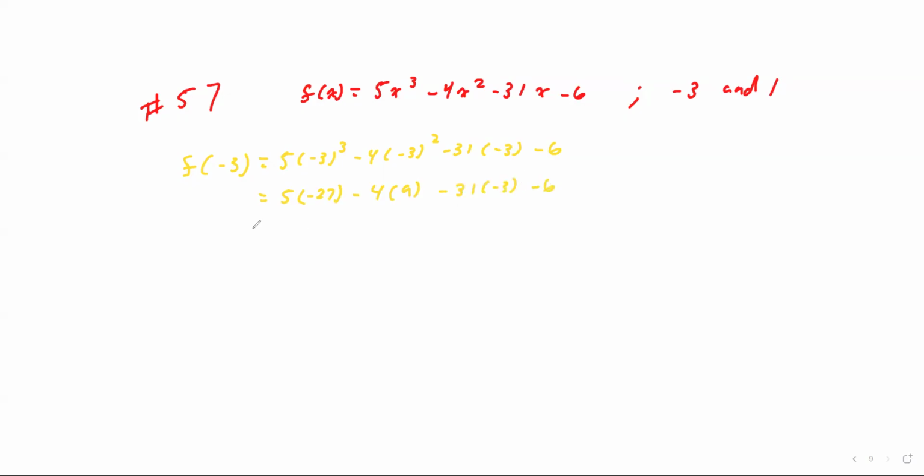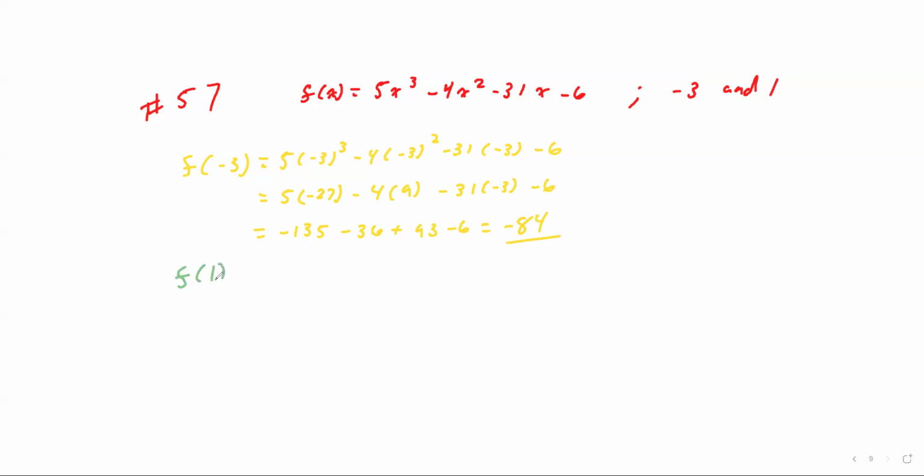Let's do it all at once and make sure we don't mess up. So -135 minus 36 plus 93 minus 6 gives us -84.